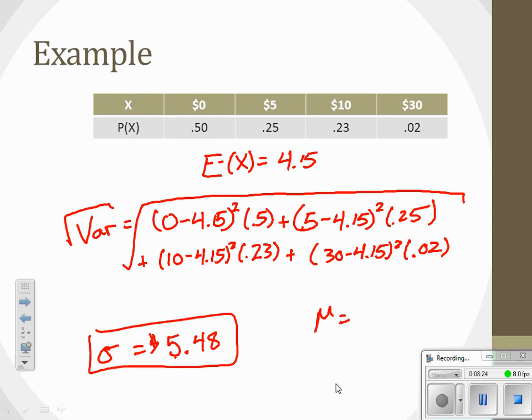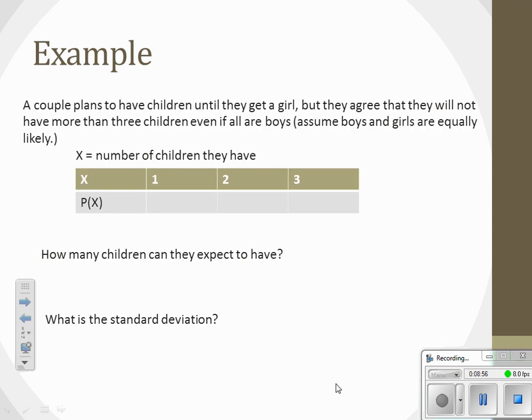So if the mean was $4.15, if we go up or down $5.50, the typical value is going to be somewhere between essentially 0 and $10. Most of the people, 98% of the people, are between 0 and $10, and we think about the typical distance from $4.15 plus or minus $5.50 essentially. It puts you really close to those two numbers. So there it is in context.